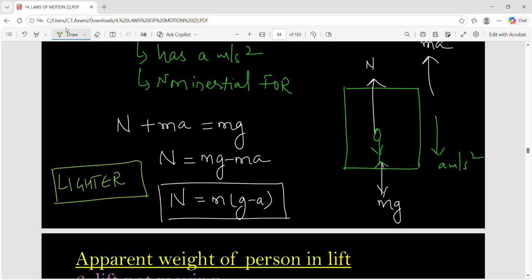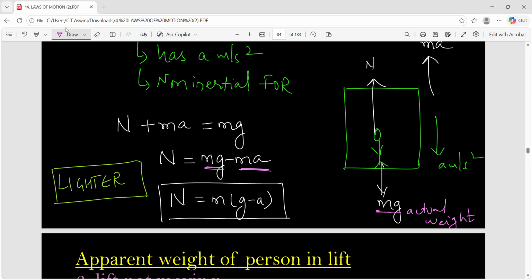Why is it so? Because mg is your true weight. This is your actual weight. This is the weight that you have to feel actually. But how much are you feeling when you are in the lift which is moving downward? Your true weight minus something. You are deleting ma here. You are deleting something from your own weight. That's why you will feel lighter. Got my point?